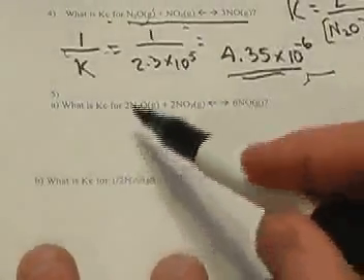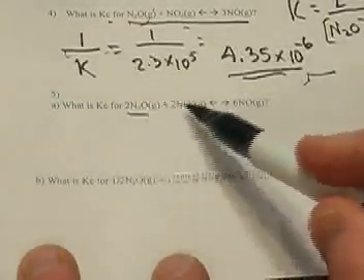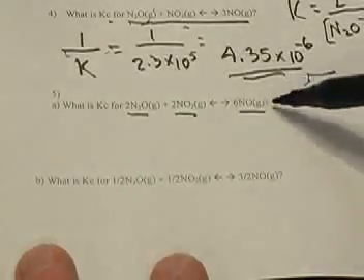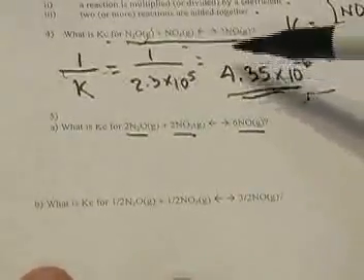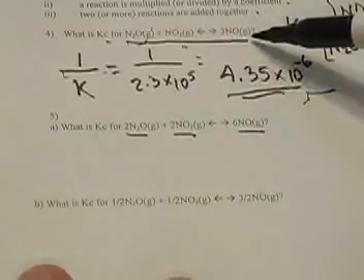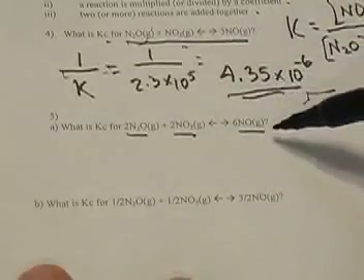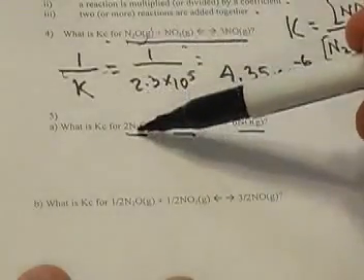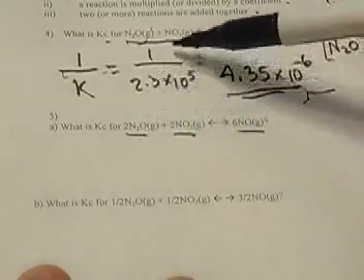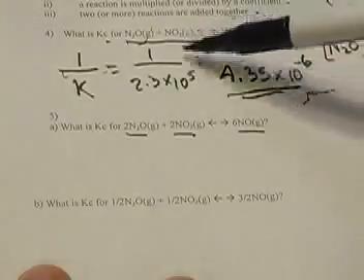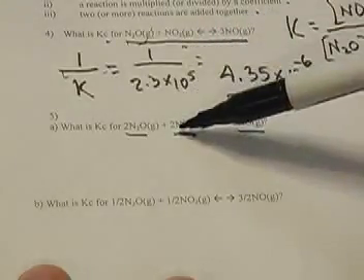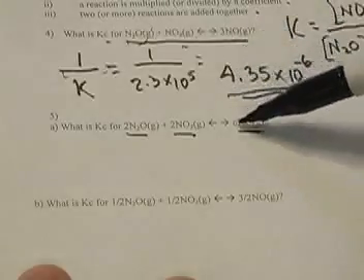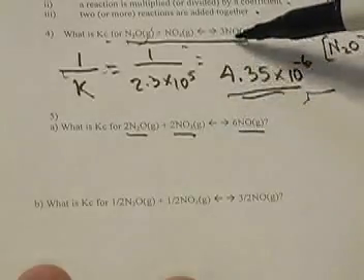What is K sub C for? Notice this reaction now. And you can see that this reaction, compared to the one above it, have something very, very much in common. We still have the N2O, but notice there's a 2 in front of it now. We still have the NO2, but notice there's a 2 in front of it now. And we still have the NO, but now we have a 6 in front of it instead of a 3.